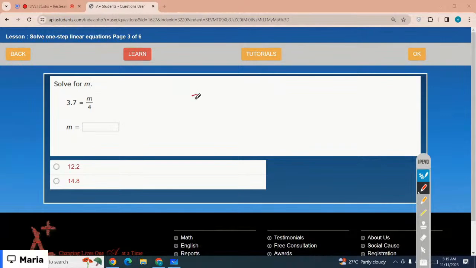4 is dividing here, right? So do reverse operations. The opposite of division is multiplication. So you have to remove that 4 here. So you can multiply 4 on both sides, right?